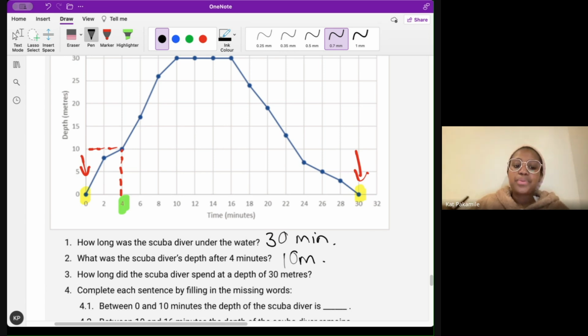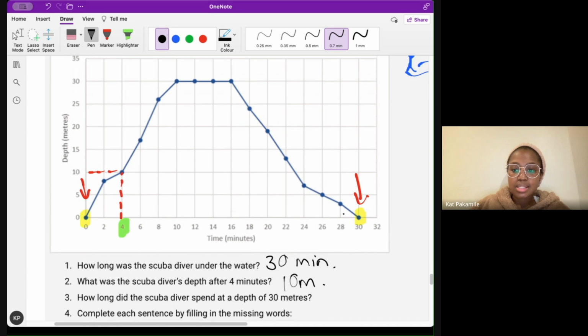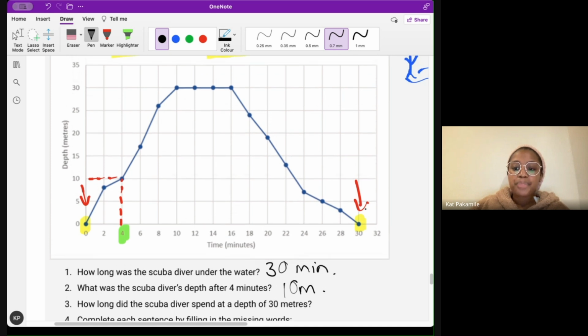All right. How long did the scuba diver spend at a depth of 30 meters? I see Senyane and Alison answers. How long did this person spend at a depth of 30 meters?